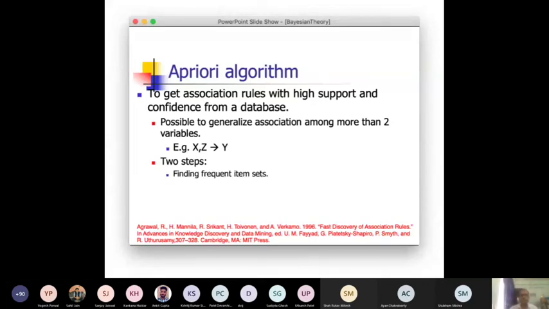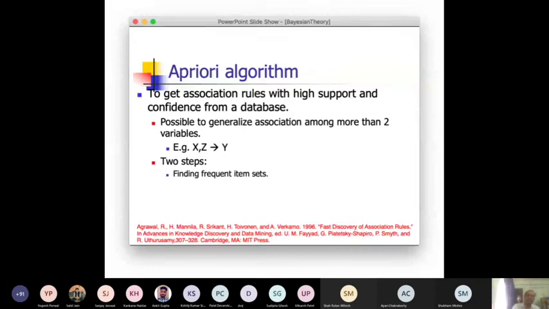There are two steps in this algorithm. First, it finds the frequent item sets, which means we are interested in looking at support. We are trying to find the combinations which occur significantly with respect to occurrences of other combinations.